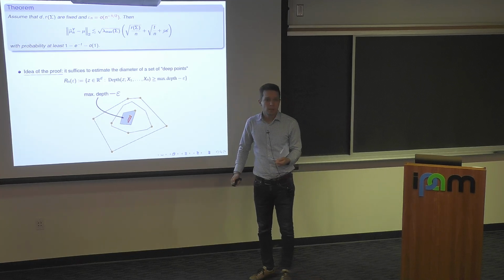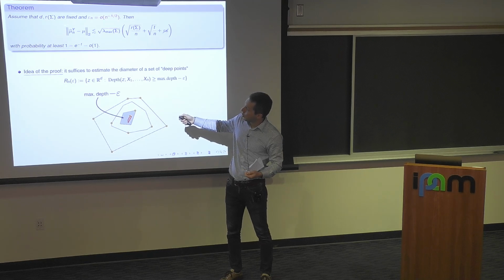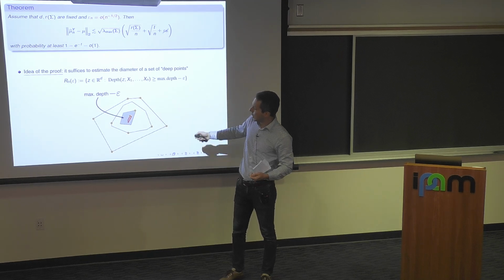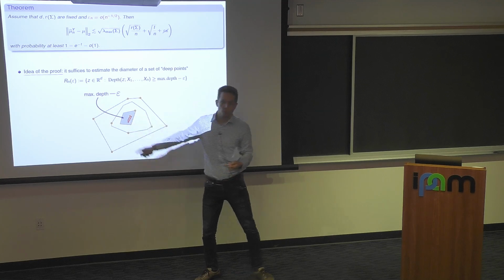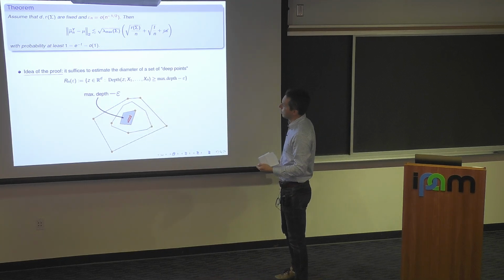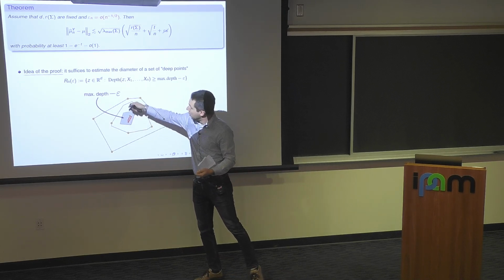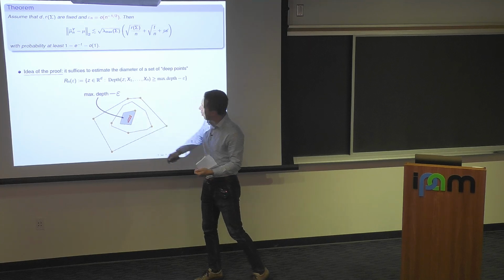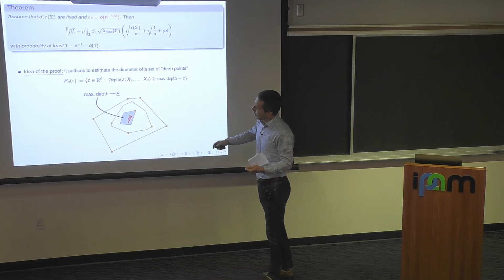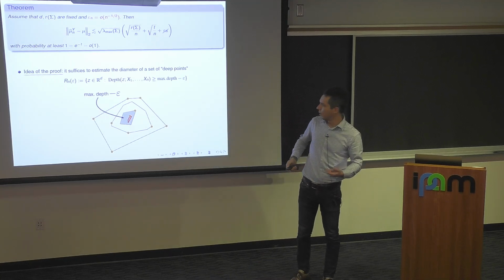Therefore, this implies that the median that we obtain after epsilon contamination must be somewhere in this blue region. It cannot escape this blue region. And therefore, to understand how far this median is from my population mean, I need to understand the diameter of the set, how big the set is.